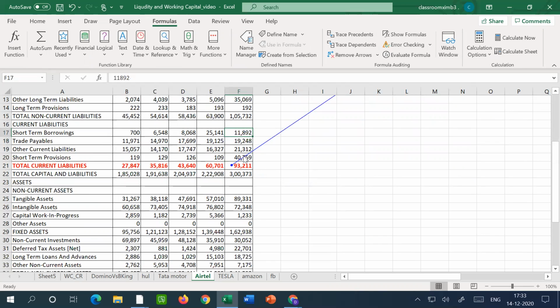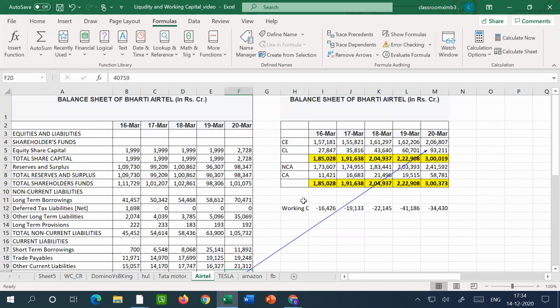There is a need to understand what are the short-term provisions. Maybe they are provisions to meet some of their unexpected expenses which they are predicting may happen in the next time period. So therefore the current liabilities of Airtel have been consistently rising.